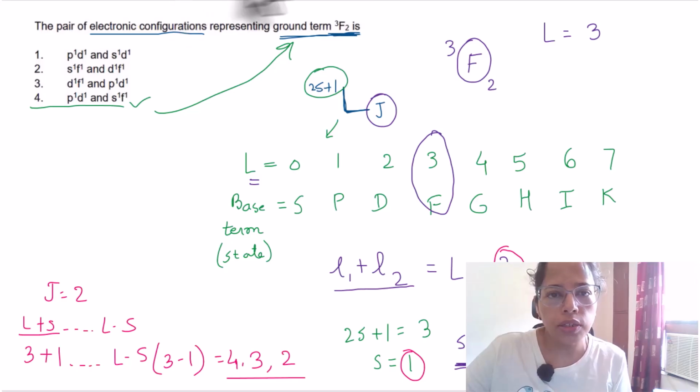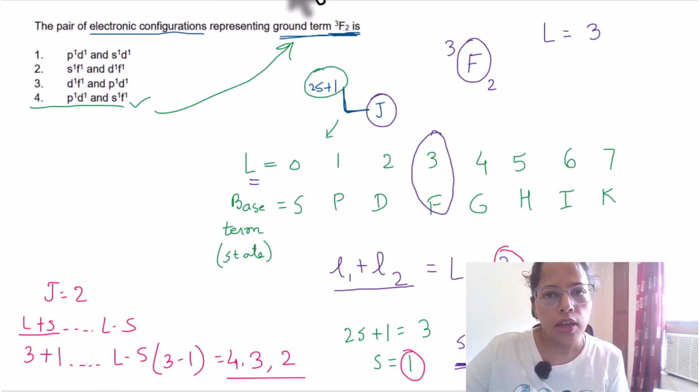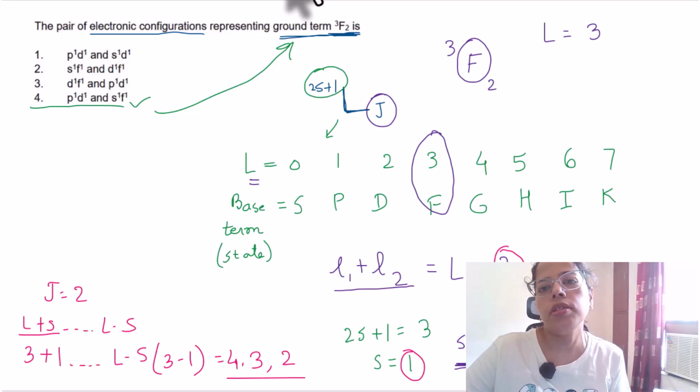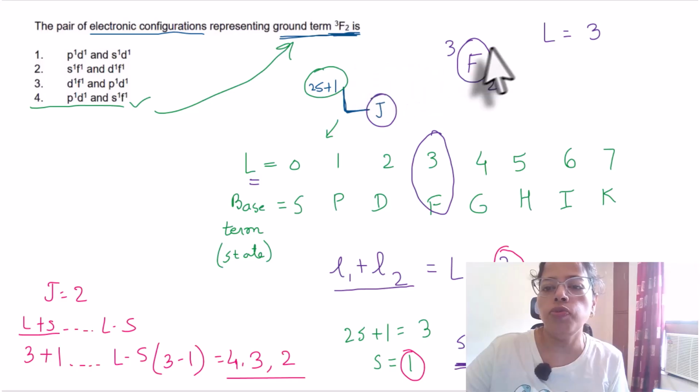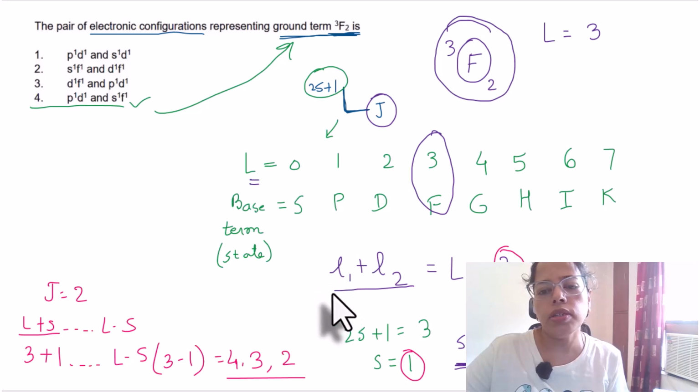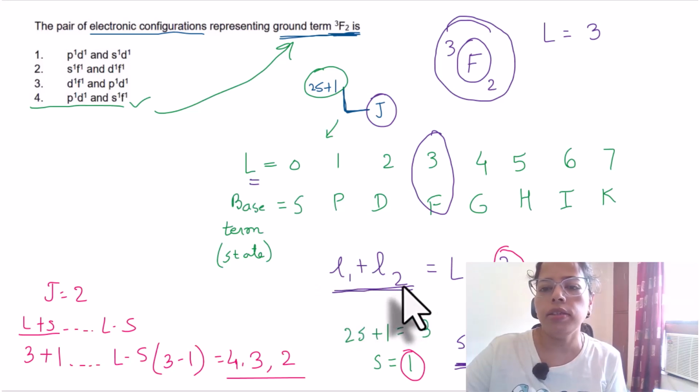So I hope you understood this. It's a nice and very scoring question if you have the concepts clear, of what all quantum numbers we require to find out our ground state term. First of all, we require the azimuthal quantum numbers L1, L2 and their summation.